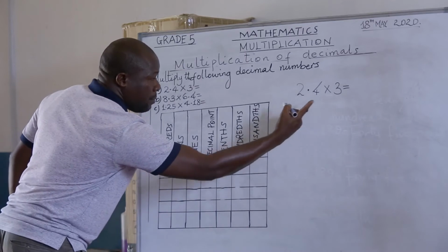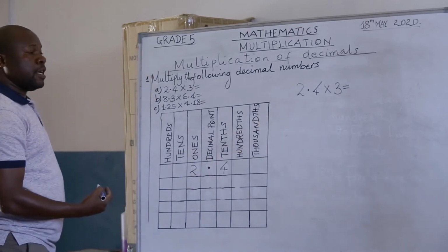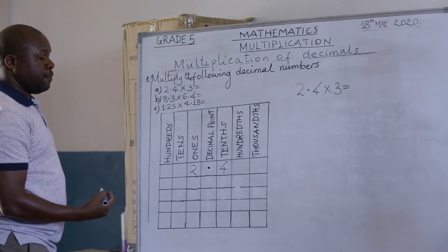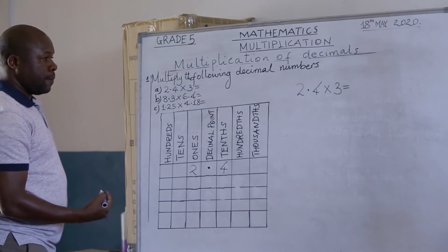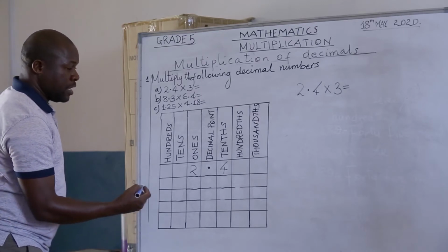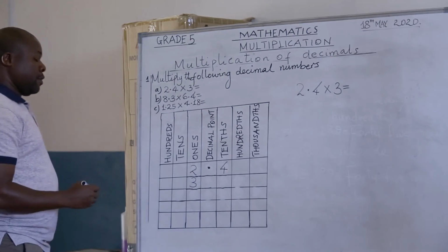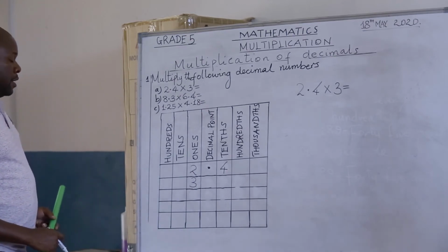Now, look at number 3. Number 3 does not have any decimal point in front of it or at its back. Number 3 will automatically belong to the whole numbers, so it is going to be written in the ones place value.